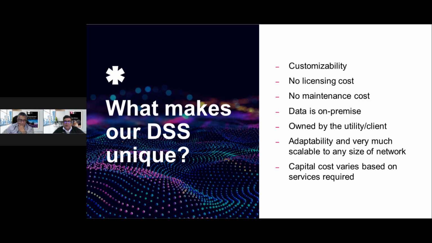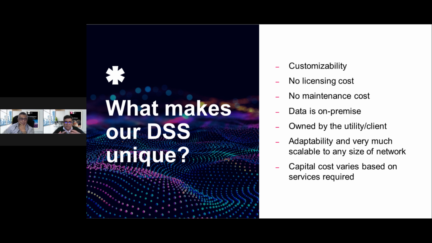And then talking about data security, if the data is maintained on premise within the utility's infrastructure, however the utility deems its SOP is, then that's the most secure that it can get.